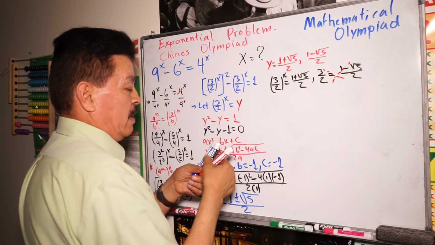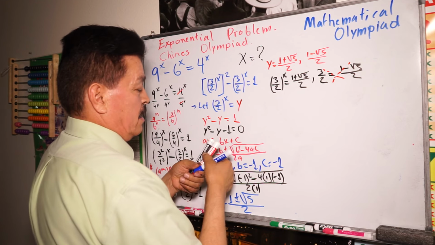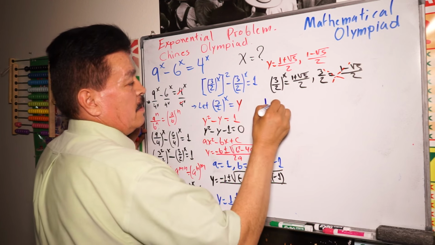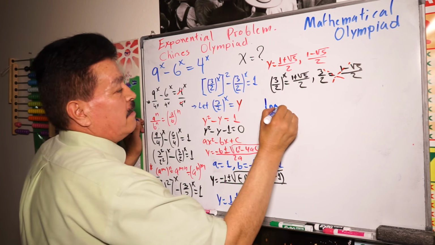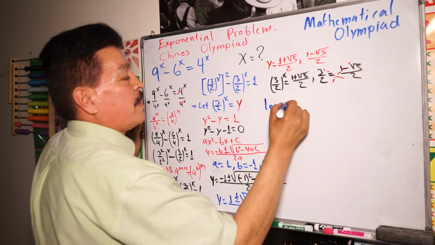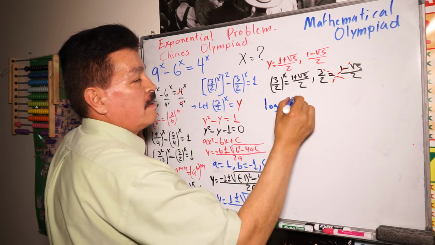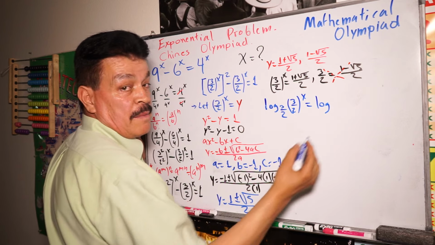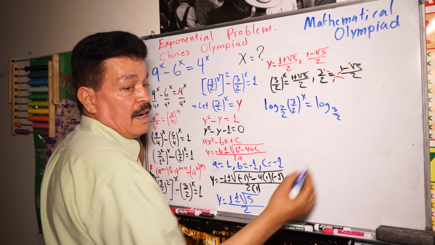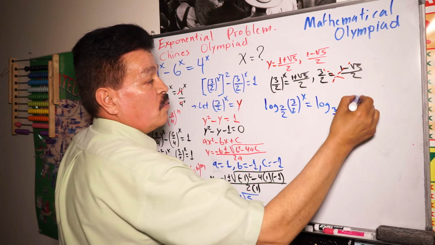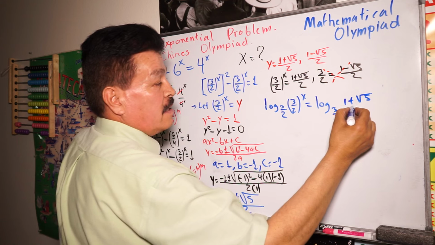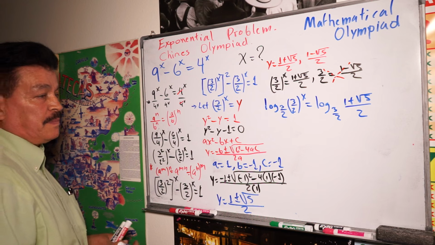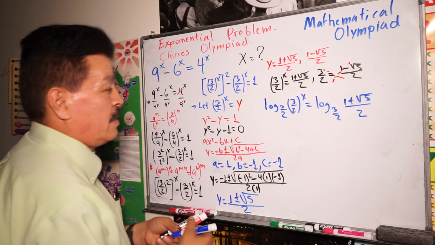Then you are going to have log of 3 halves to the x power equals log of 1 plus square root 5 divided by 2.